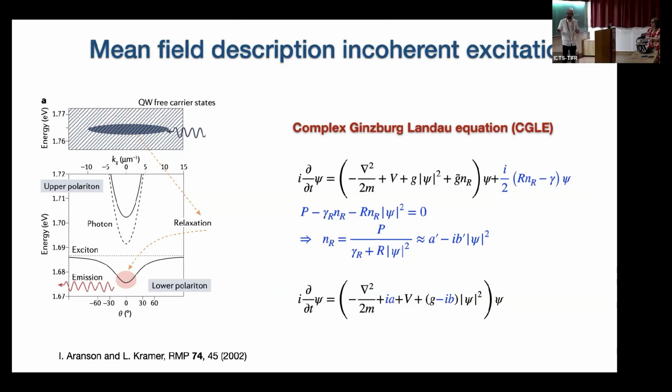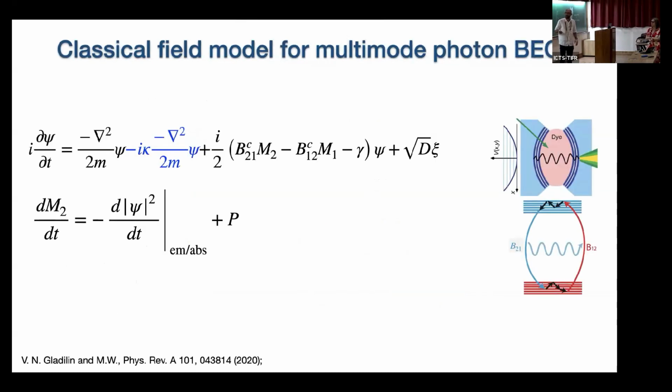Also with the polaritons, you have to take typically a very short exciton reservoir lifetime to make it quantitative, which experimentally is a bit doubtful. But if you put a small lifetime for the excited state, then you're back to that model.